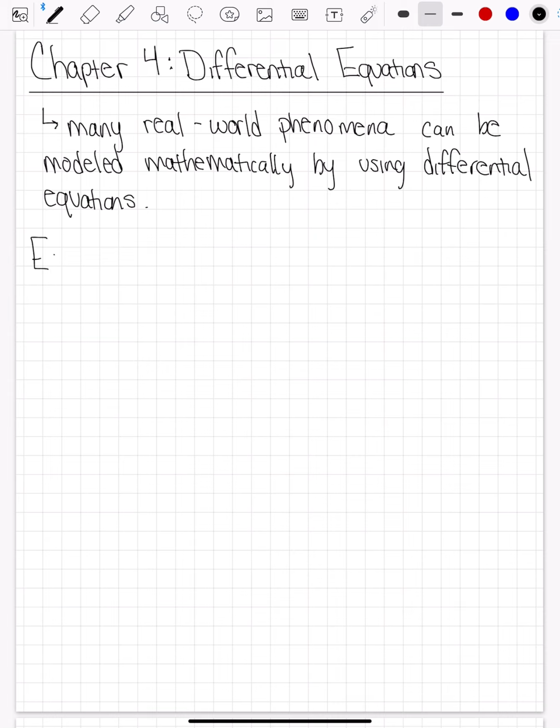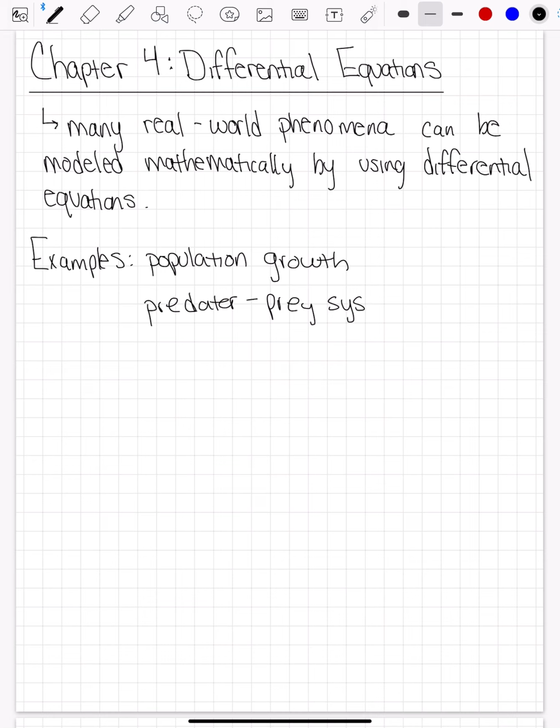For example, population growth, radioactive decay, predator-prey models, and even my research that I did for my master's thesis on the stratospheric polar vortex.